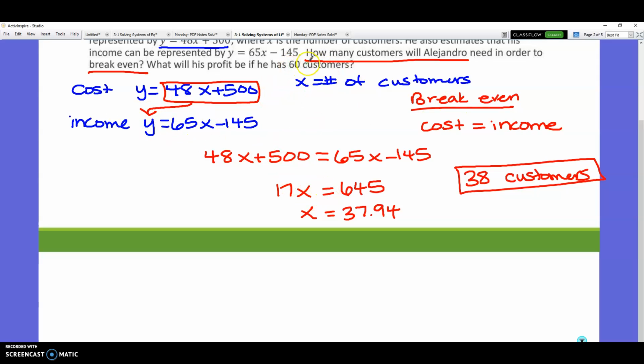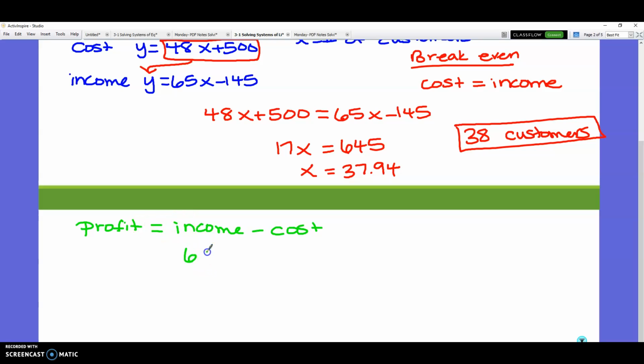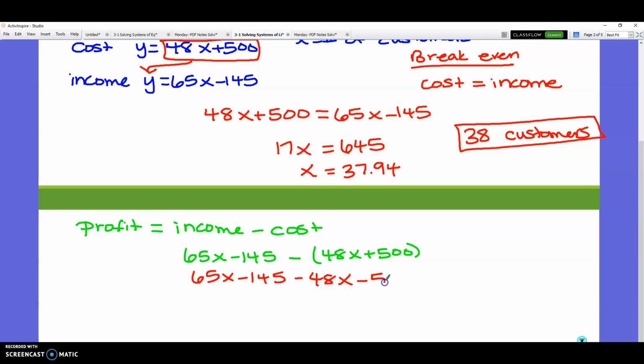Or we could also use that profit is equal to your income minus your cost. My income is 65x minus 145. My cost is 48x plus 500. So 65x minus 145 minus 48x minus 500 would give you the profit equation.